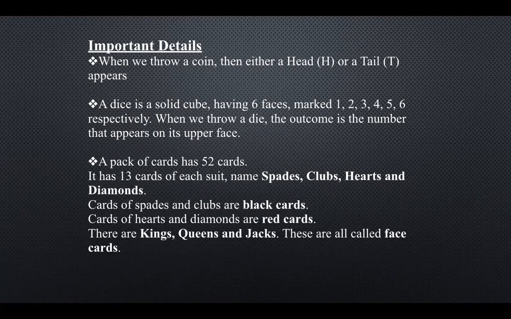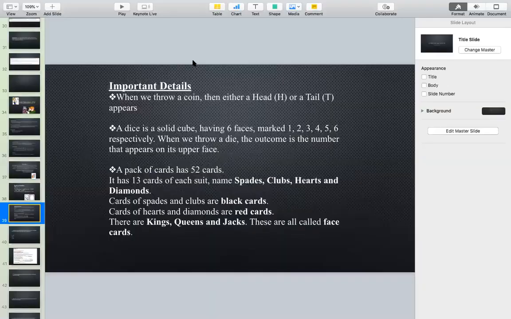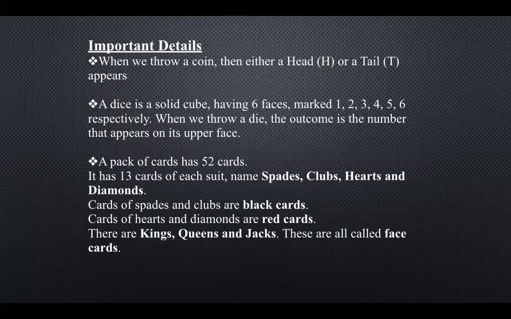Now, coming to the pack of cards, you need to have a very good idea of its contents. A pack of cards has 52 cards, divided into 4 different suits: spades, clubs, hearts, and diamonds.